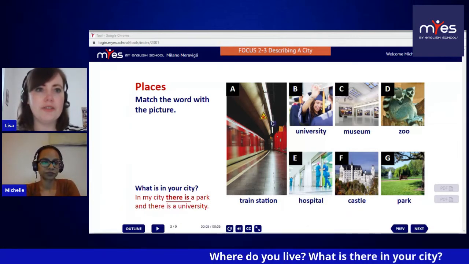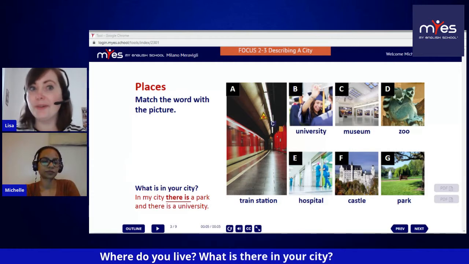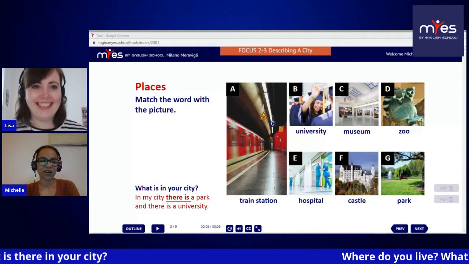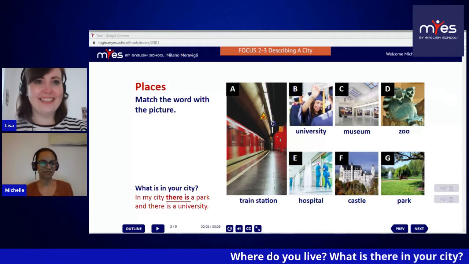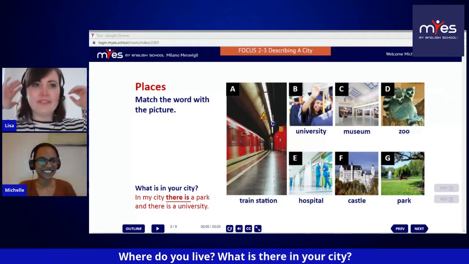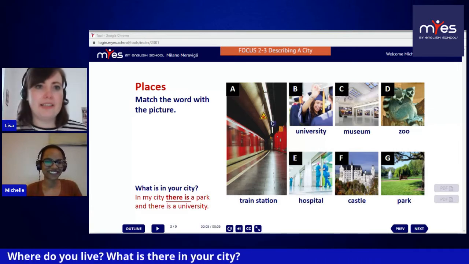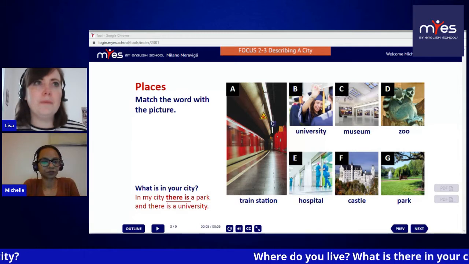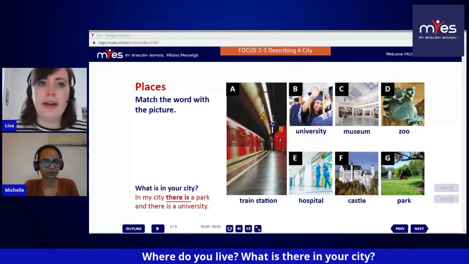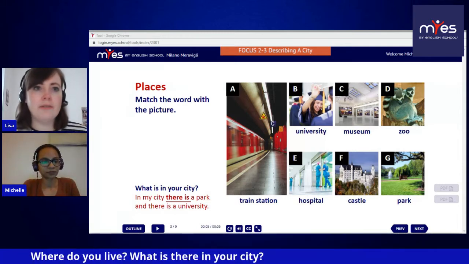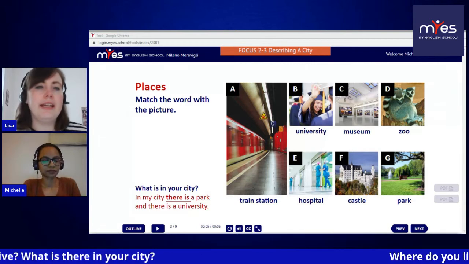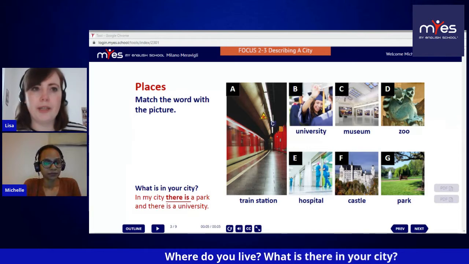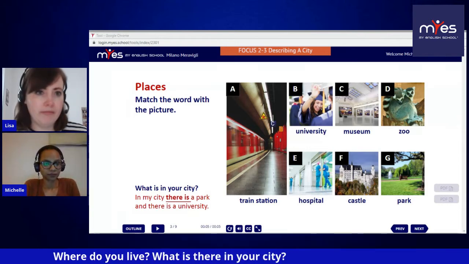Okay, so in Milan or in Dublin? Shall we talk about our hometown so we have something different to share? Okay, perfect. So like I said, where I'm from, it's a town. So I can say in my town, there is a park where people play football.